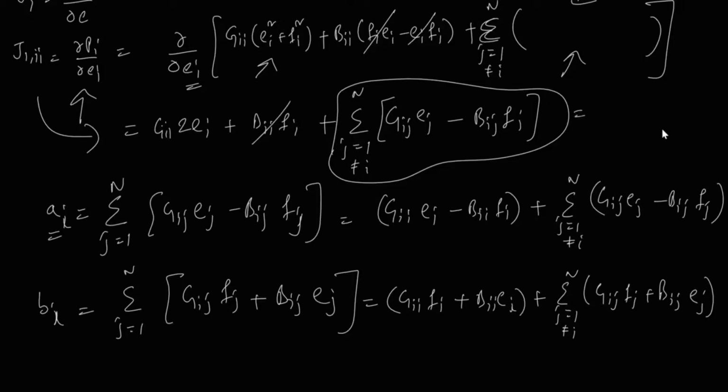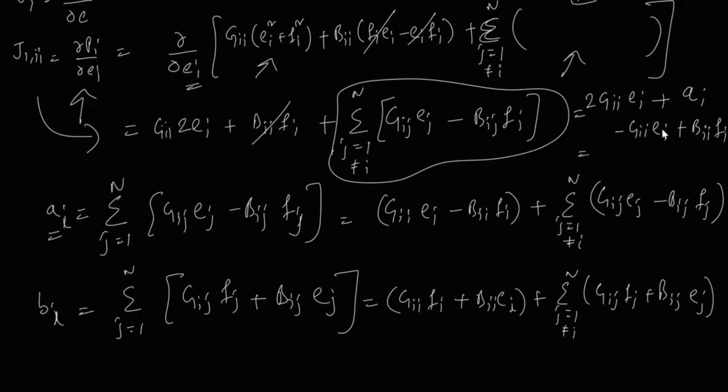So I write 2 times Gii Ei plus Bii Fi, and now this term equals Ai minus Gii Ei plus Bii Fi.